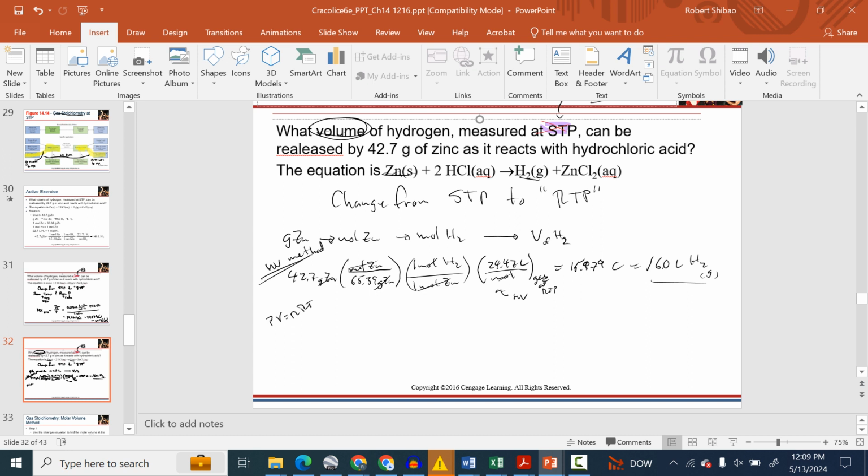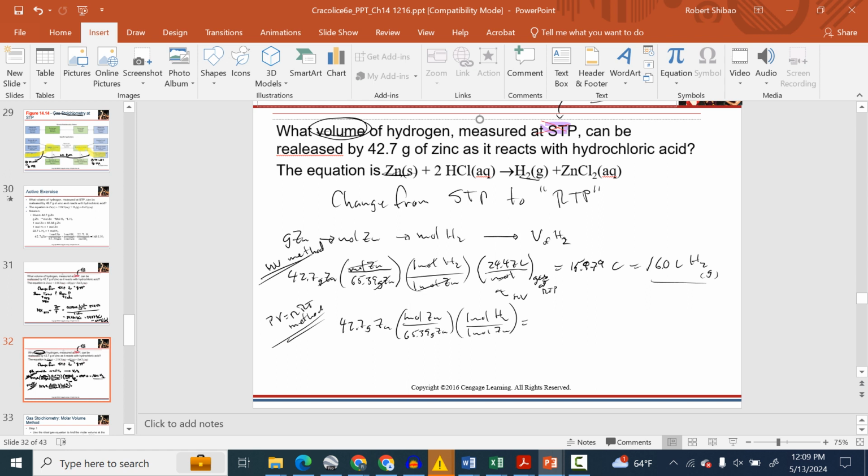Alternatively, we could do the PV equals nRT method. We do 42.7 grams of zinc, convert that to moles of zinc, and then to moles of hydrogen, and then stop.